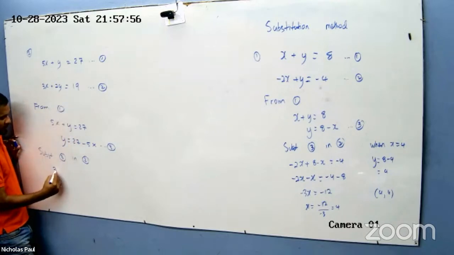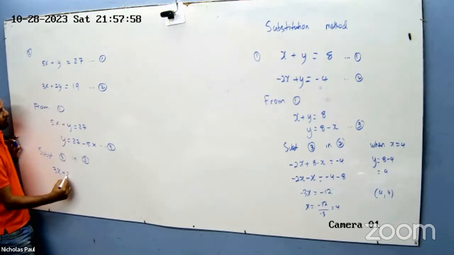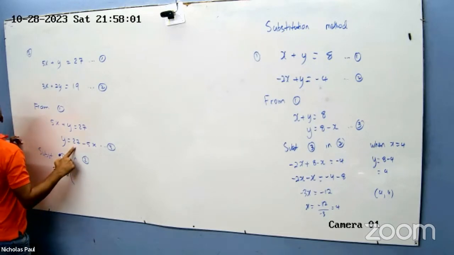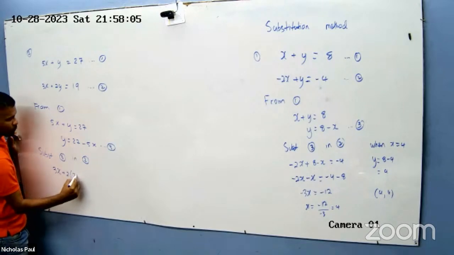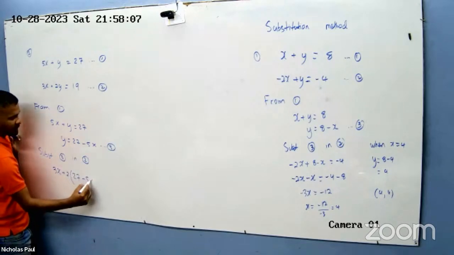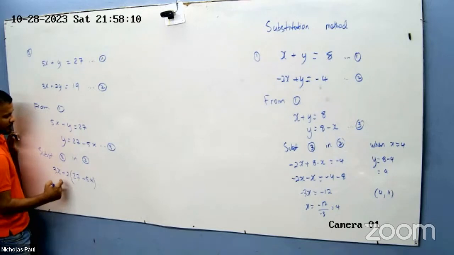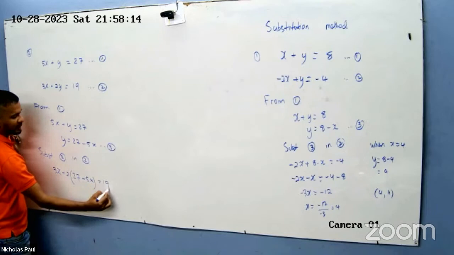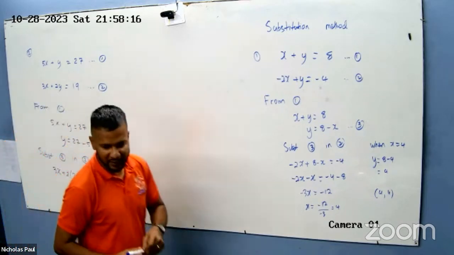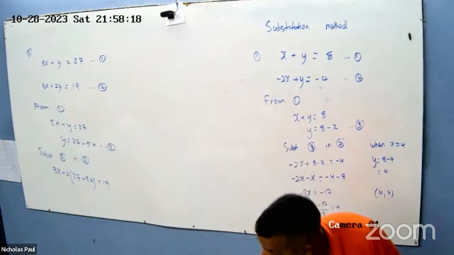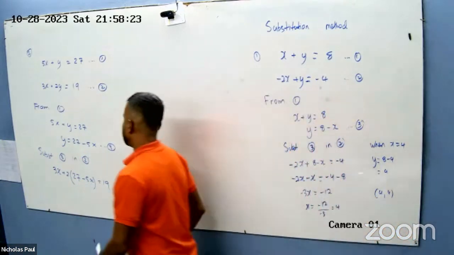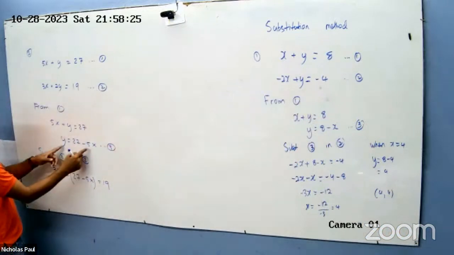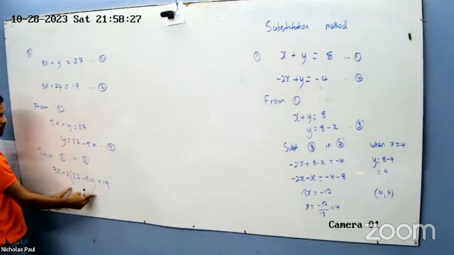I'm going to get 3x plus 2 by y, and y is 27 minus 5x, so 3x plus 2 by y is equal to 19. Notice when I made this substitution for y, I have brackets around it.